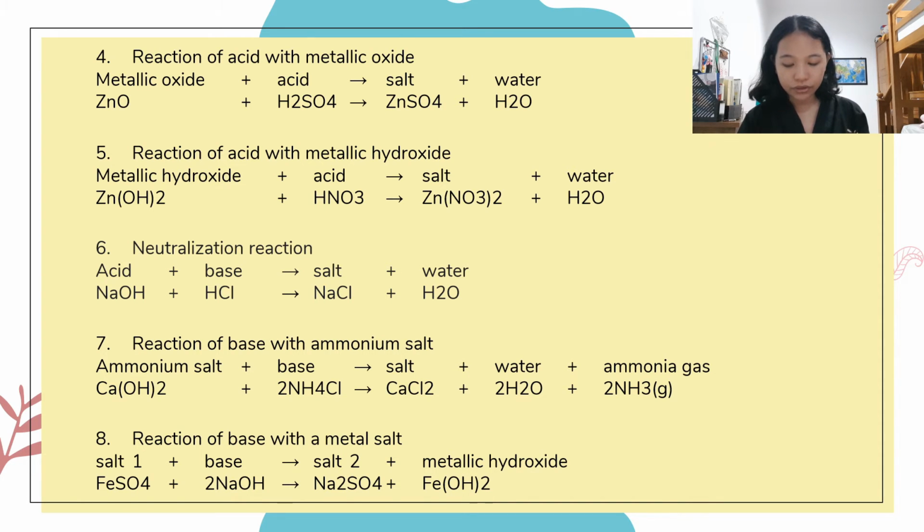So the formula is salt 1 plus base yields salt 2 plus metallic hydroxide. So we have iron sulfate plus sodium hydroxide yields sodium sulfate plus iron hydroxide.